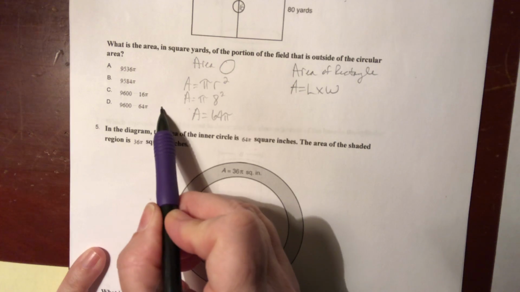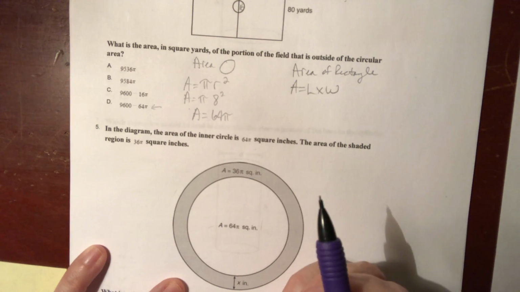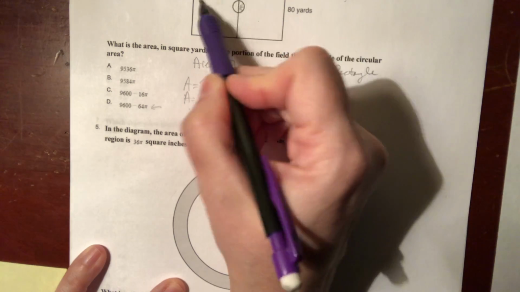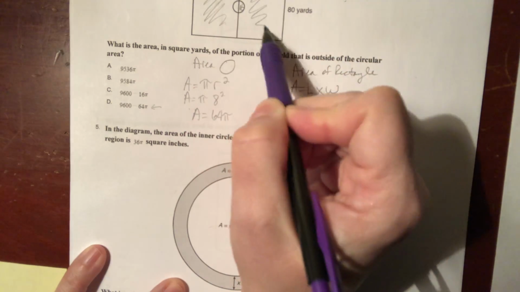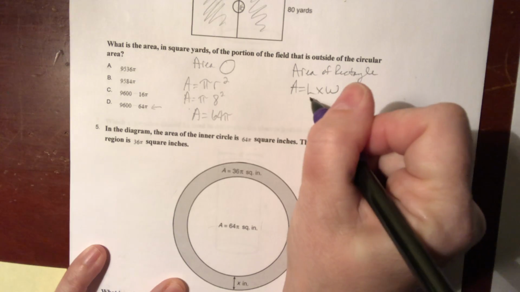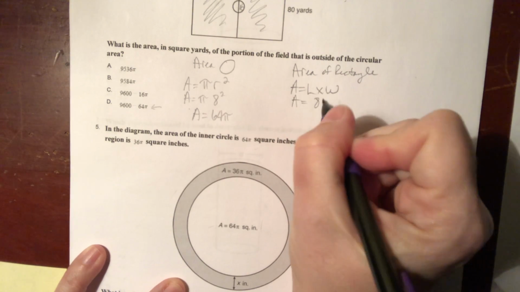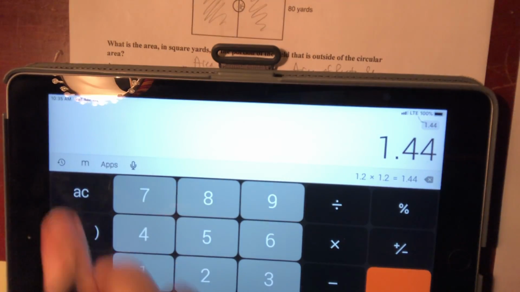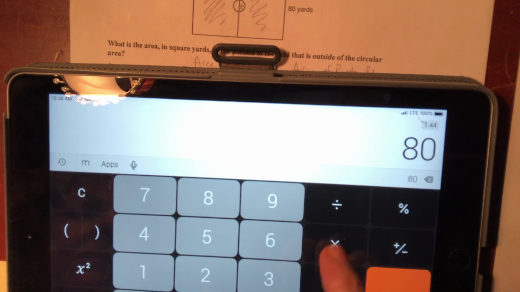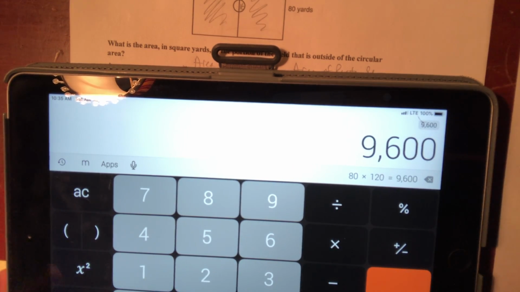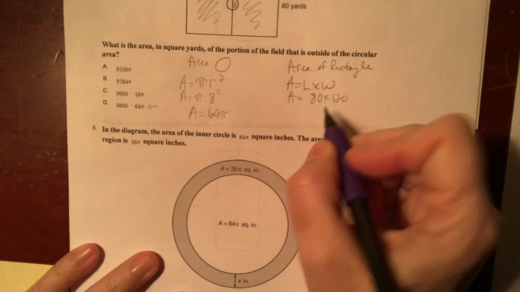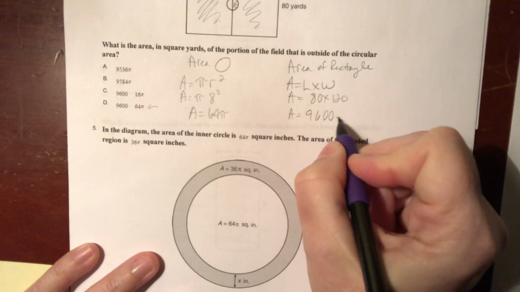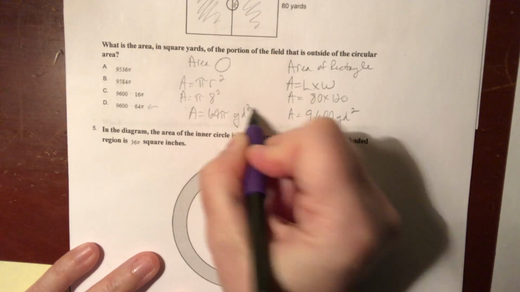So I'm looking here, and this looks kind of interesting because I know I have to subtract this from this because it wants to know this, right? That's what it wants to know. So area equals 80 times 120. 9,600 yards squared.